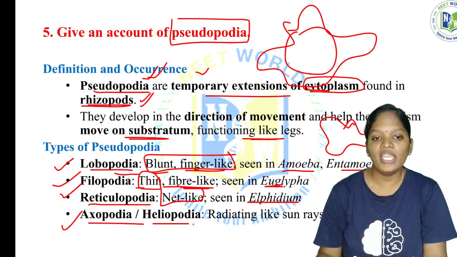Axopodia, also called heliopodia, radiate like sun rays and are seen in the actinophores.